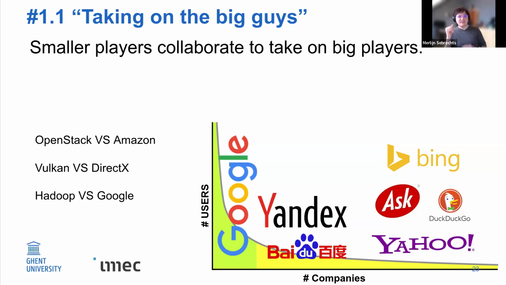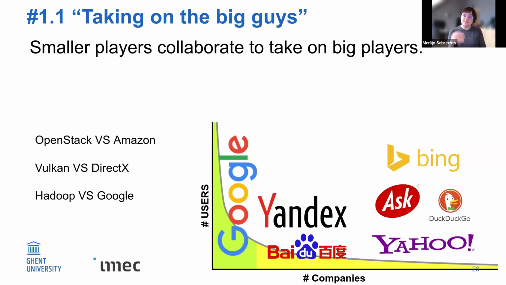Another example of that is OpenStack. You see that Amazon is the big player in the cloud. And a lot of the runner-up cloud players, for example, IBM and Rackspace and a lot of the regional data centers, most of them all use open source software that they develop together collaboratively in order to be able to take on Amazon.